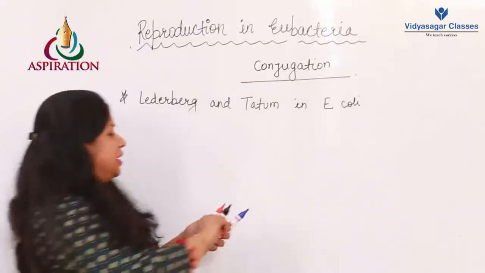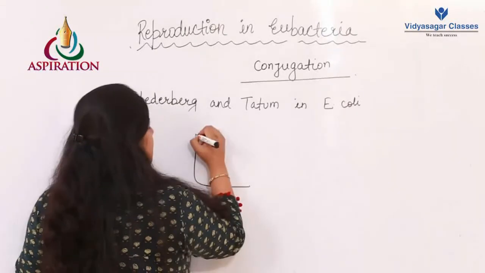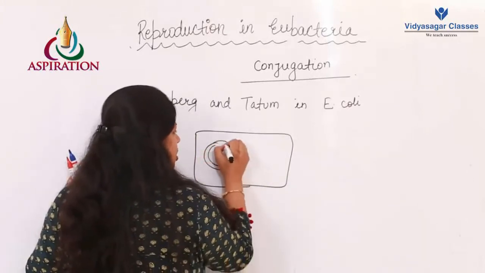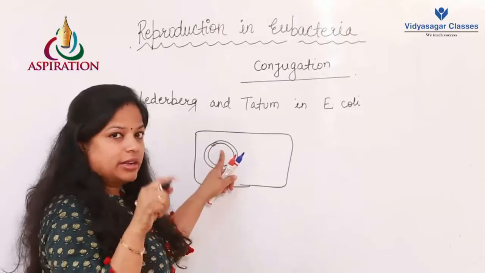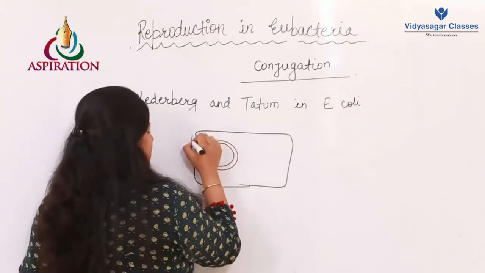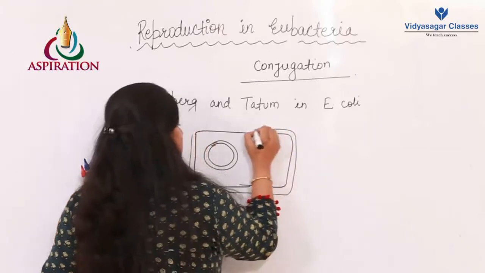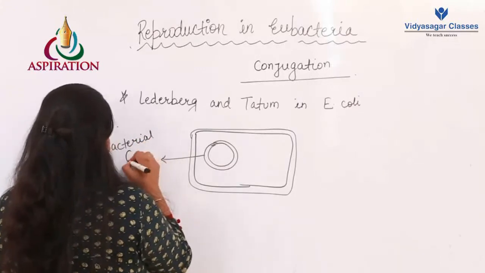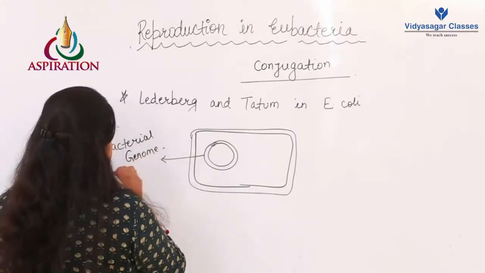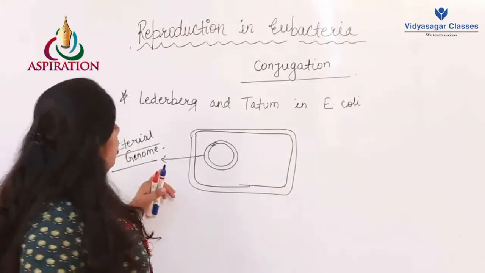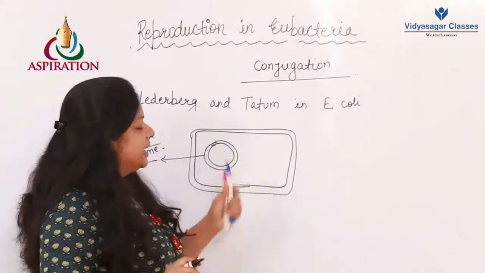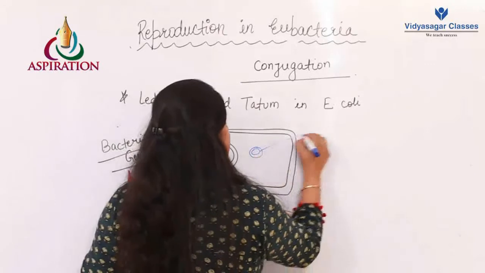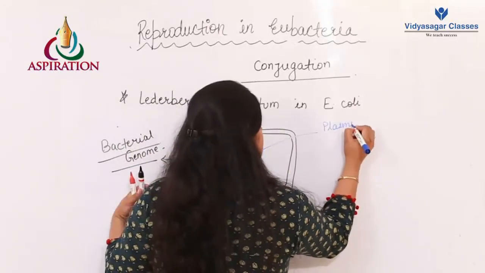For simplification, I am here representing the genome of the bacteria as a circular double-stranded DNA. This is the bacterial genome. Along with the bacterial genome, it contains an extrachromosomal DNA which is known as plasmid.